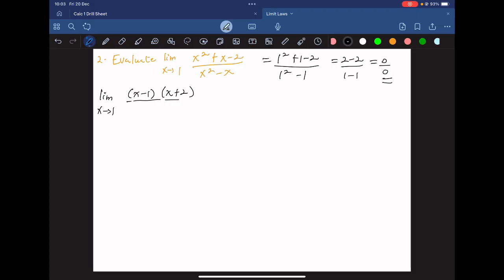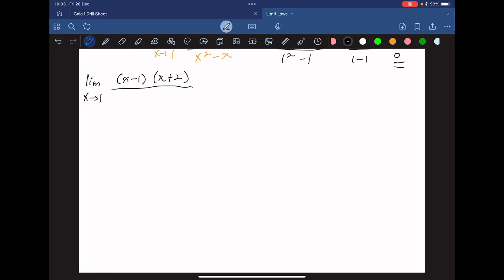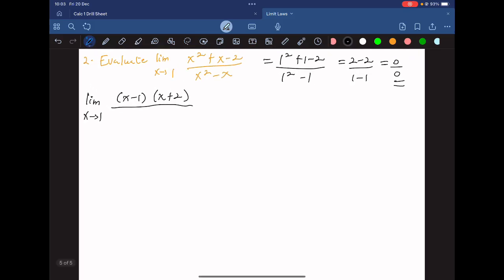Now, looking at the denominator, since x is common between both terms, you can factorize x out, then you're going to have x minus 1.